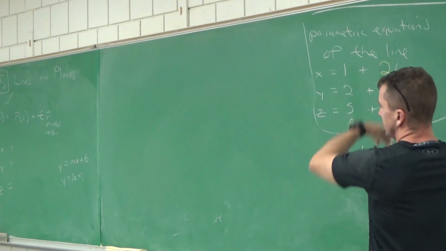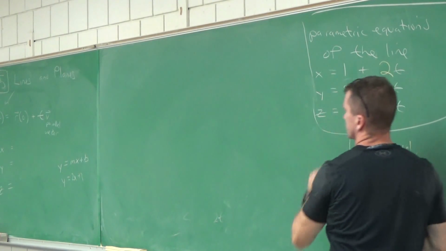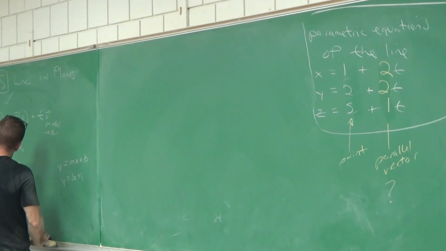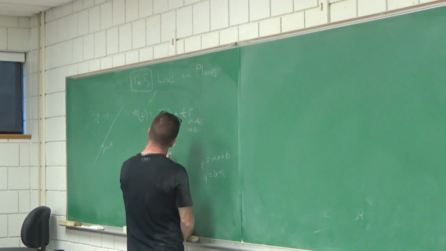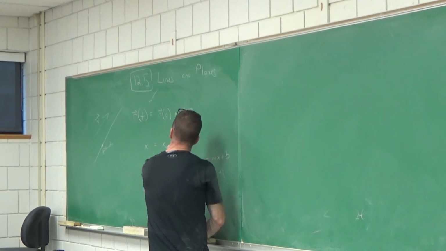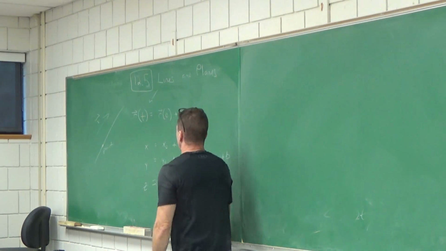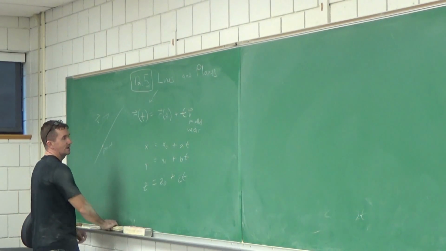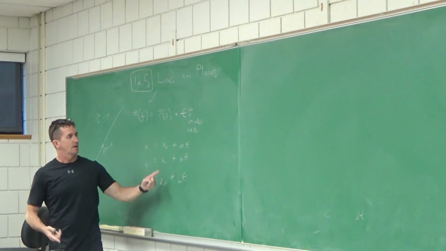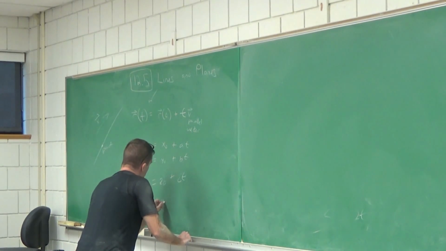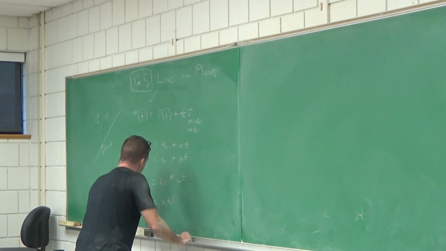So the formula is x naught plus a t, y naught plus b t, z naught plus c t. x naught, y naught, z naught would be the initial point, one point that you got on the line.